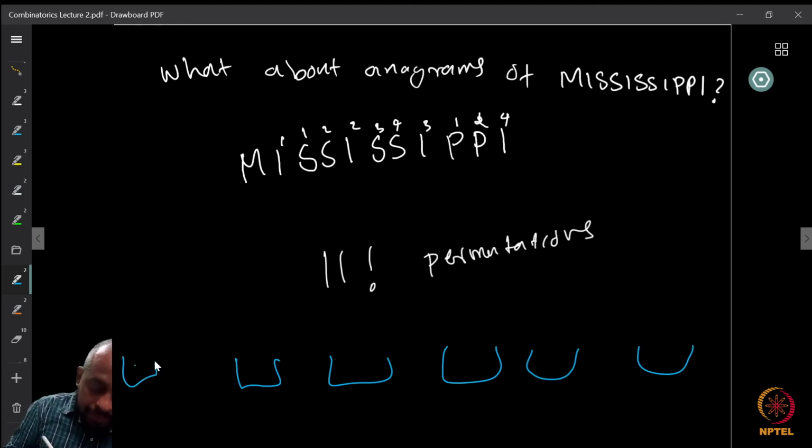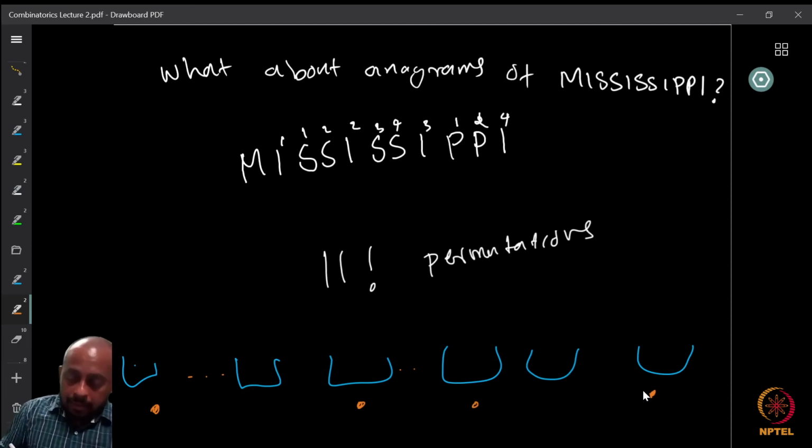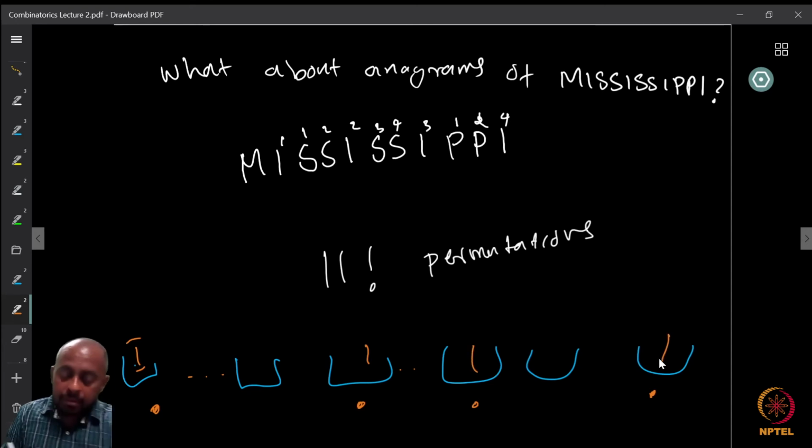There are 11 positions. I will not draw all the 11, so I will just mark the special positions where I was occurring in the word, maybe here, and here, and maybe here. So the I was appearing here, I1, I2, I3, I4 maybe.